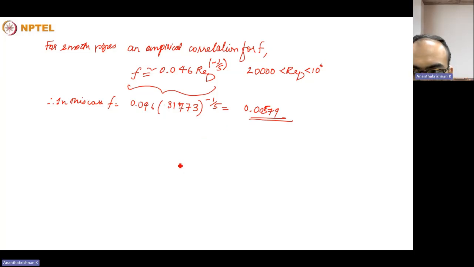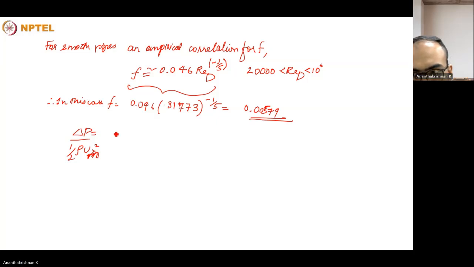So we know the value of the friction factor. Now we calculate the pressure drop. The pressure drop equation will be just the same equation as we have used in the case of the laminar flow. So this will be pressure drop divided by half rho u mean squared, which will be equal to the friction coefficient.